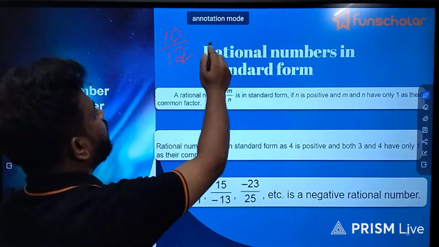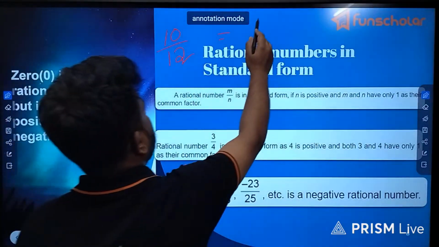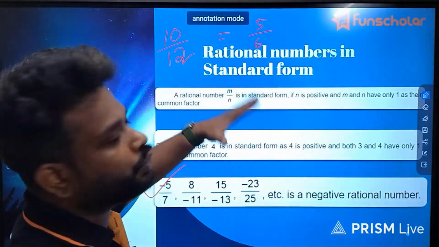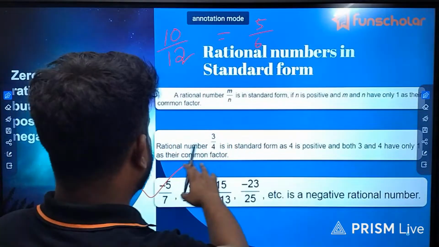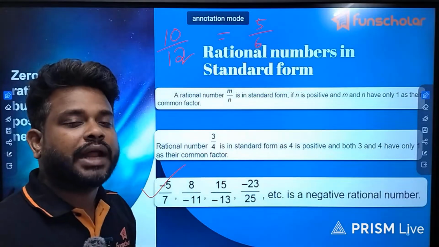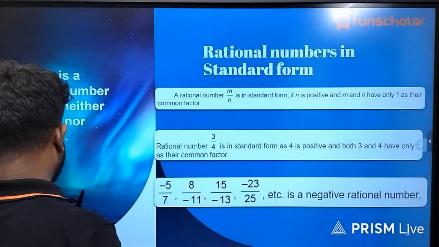If I divide this by 2, it will be 5/6, and 5 and 6 are both co-prime numbers and don't have any common factor between them other than 1. Okay, so this is done.